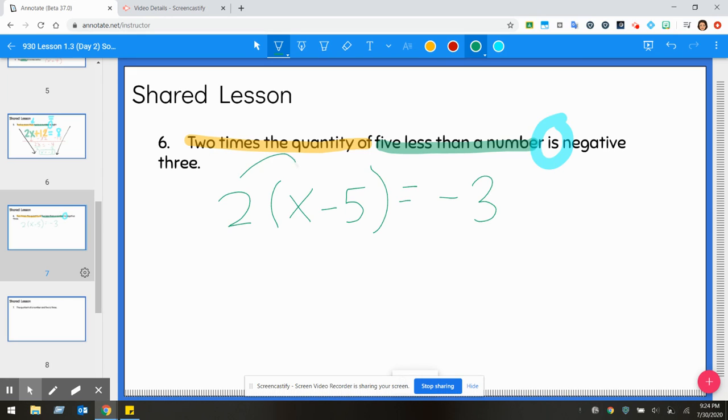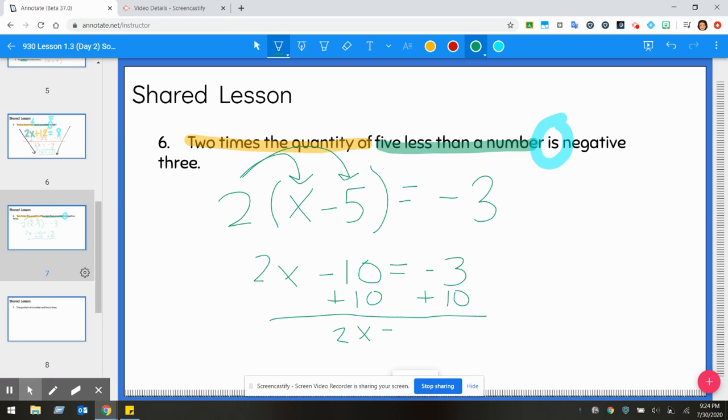Here I have to go ahead and use the distributive property first and distribute that 2. So 2 times x is 2x. 2 times negative 5, negative 10 equals negative 3. Going to add 10 to both sides. 2x drops down equals 7.